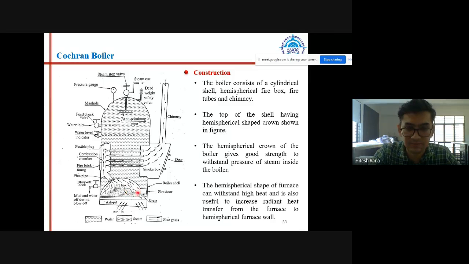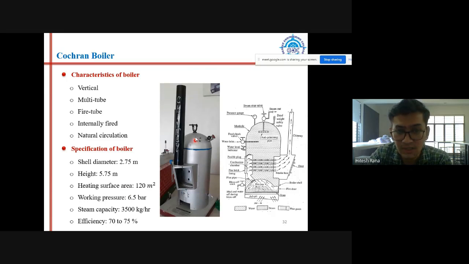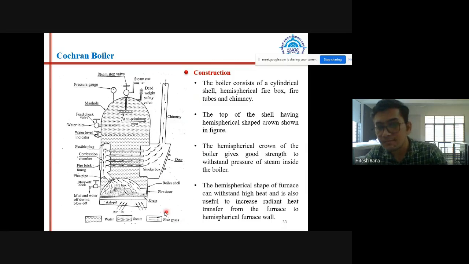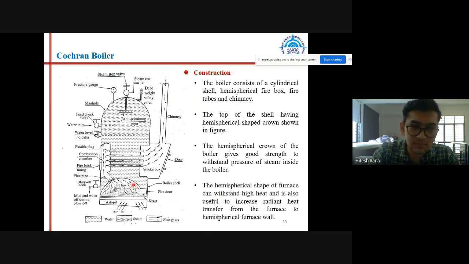And on the right side over here you can see one opening is provided, that is the fire door. Now the fire door is basically an opening through which we supply fuel on the grate. If you look at this model, this cutout here is the fire door, from where we can supply fuel inside.